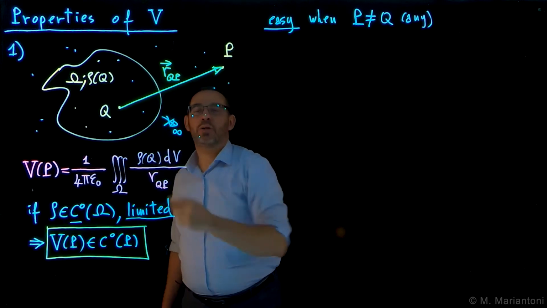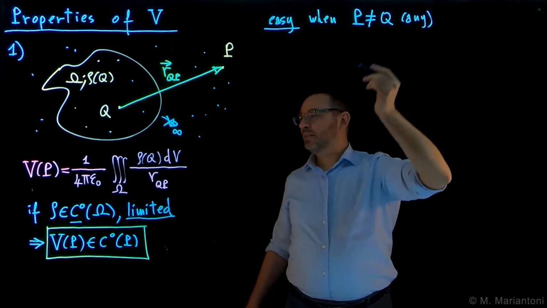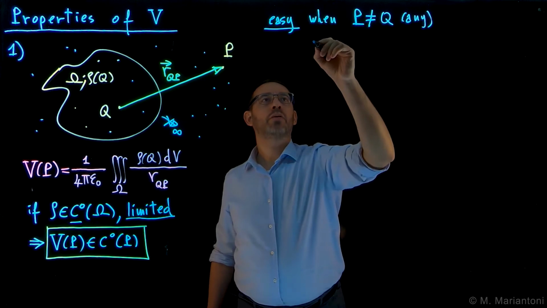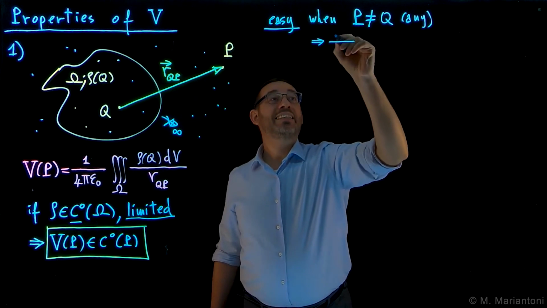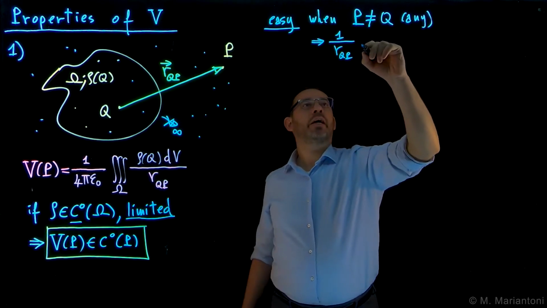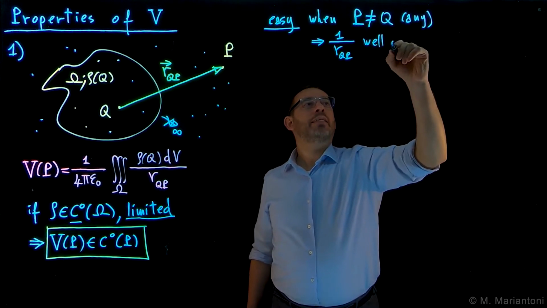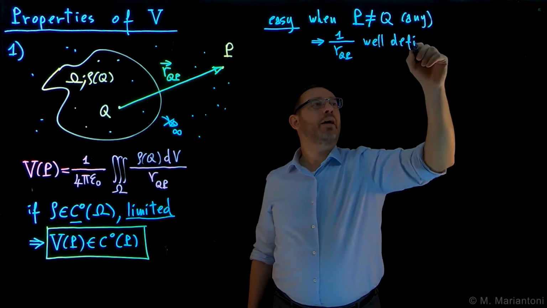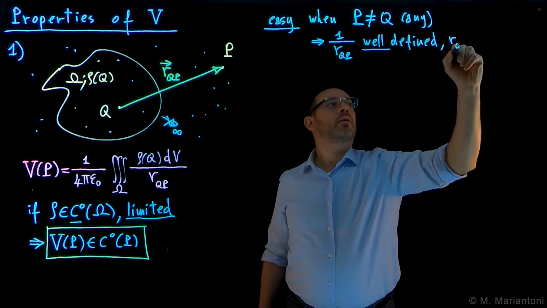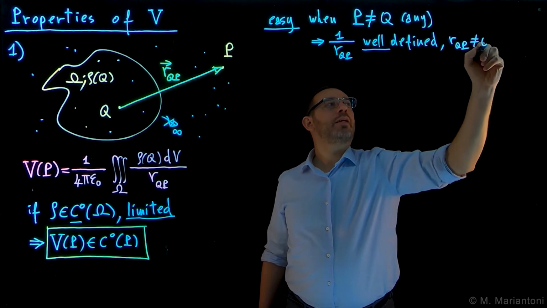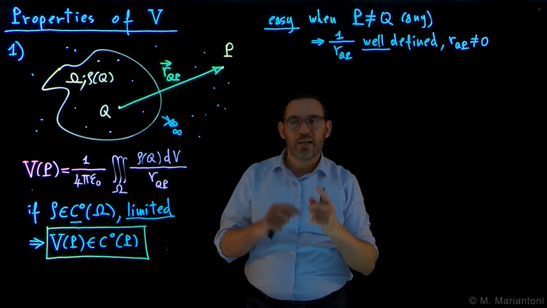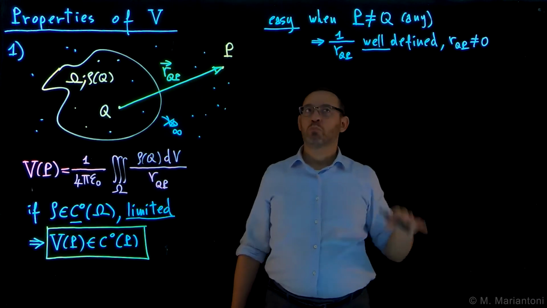Under these conditions, first off, the integrand 1 over RQP is obviously a well-defined function. Why is it not ill-defined? Because RQP is always different than 0. So I never have 1 over 0, which would be infinite, a diverging, ill-defined integrand. In this case, that cannot be.